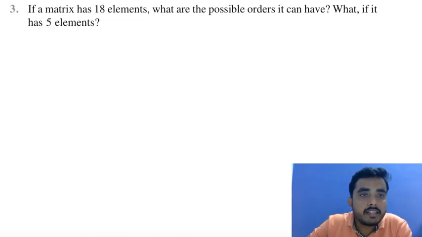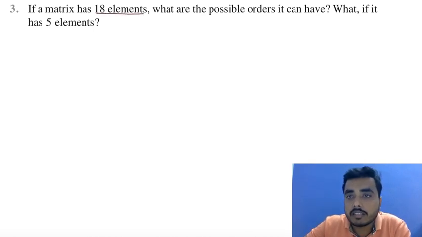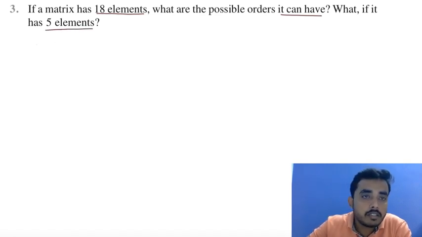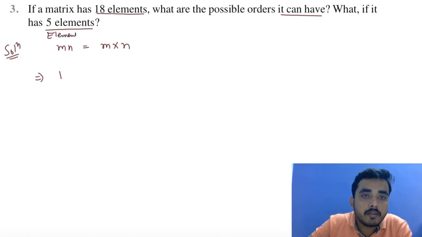So students, here is question number 3. If a matrix has 18 elements, what are the possible orders it can have? What if it has 5 elements? So it is like question number 2 only. If it has mn elements, the order is m cross n. So now these are the number of elements I am writing, and this is the order.